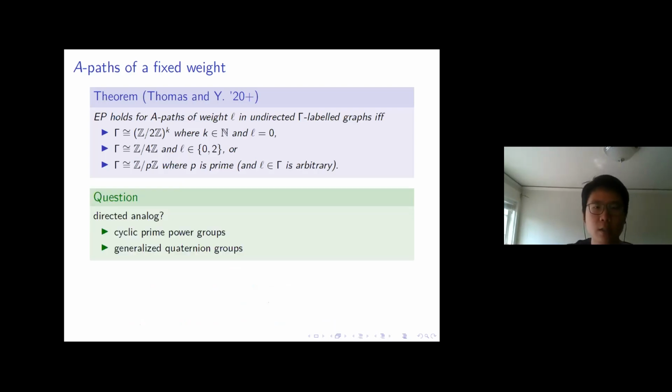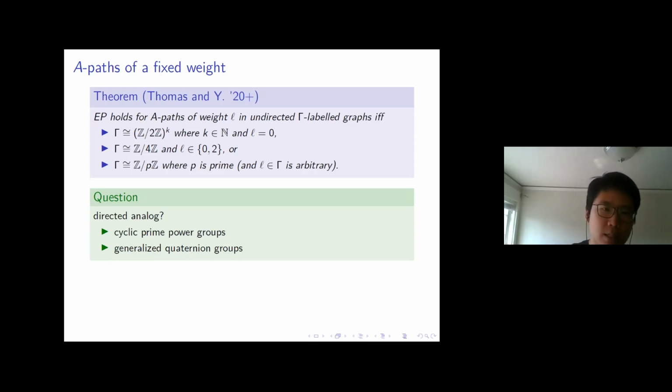But this raises a question of the directed model of group label graphs. So in the directed model, it's very easy to accommodate non-abelian groups. So the natural question is, can we also characterize the groups and the lengths or weights L such that A-paths of weight L satisfy the Erdős–Pósa property in directed group-labelled graphs?